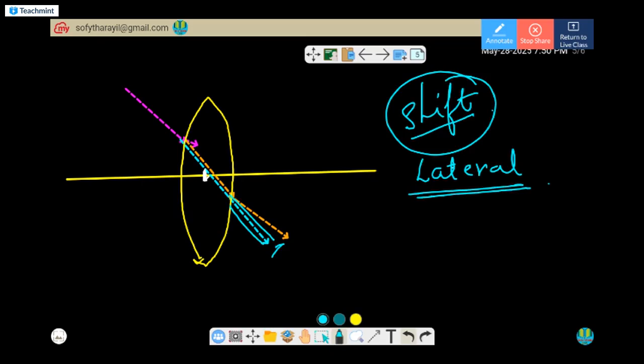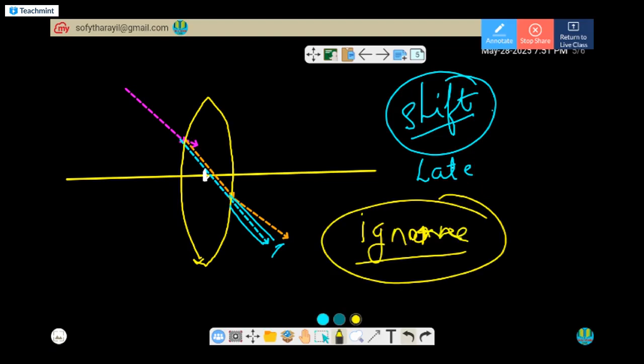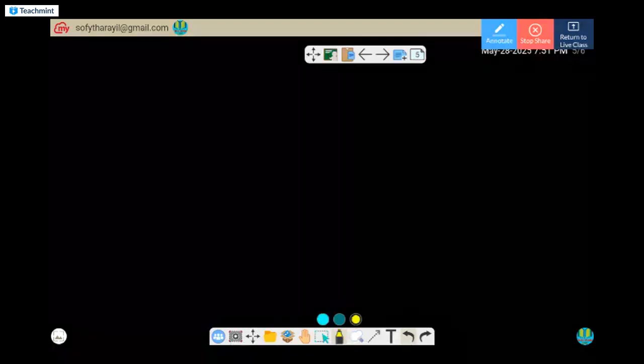The lateral shift is very evident when the lenses are taken too thick. But in our chapter, we consider the lens so thin that we can technically ignore that lateral shift. There is refraction and there is a lateral shift, but for all the diagrams, just to understand the concept of refraction for lenses, we ignore it.